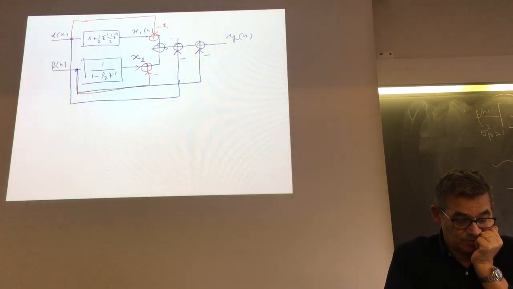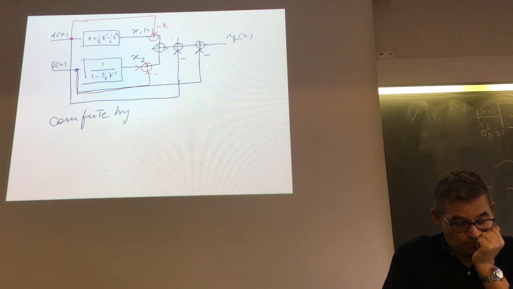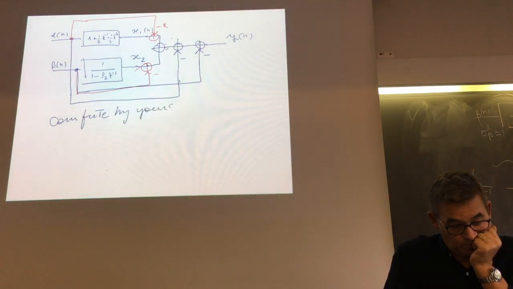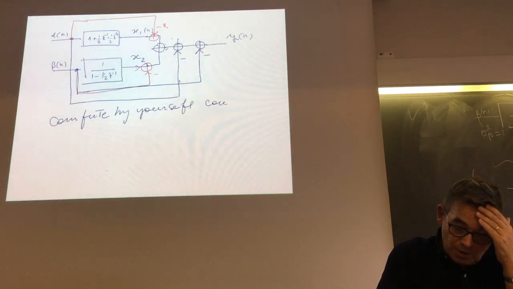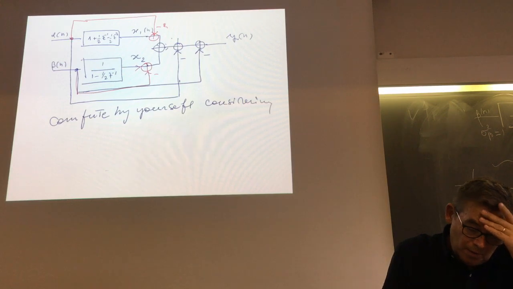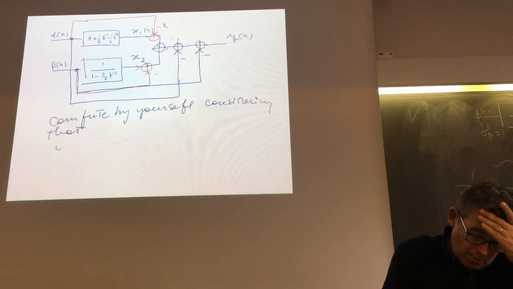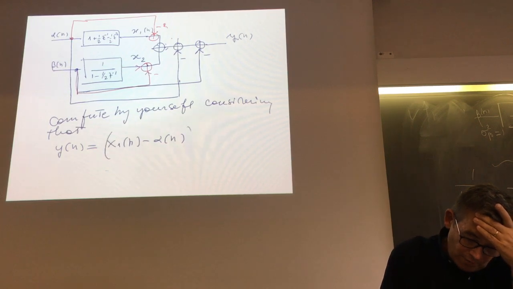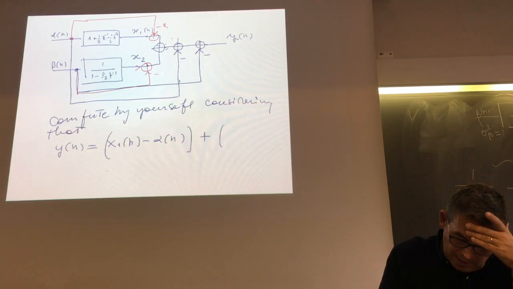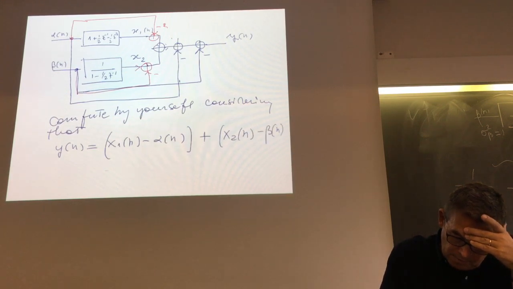Compute by yourself, considering that y n is equal to x1 n minus alpha n, and this is one new variable, plus x2 n minus beta n.